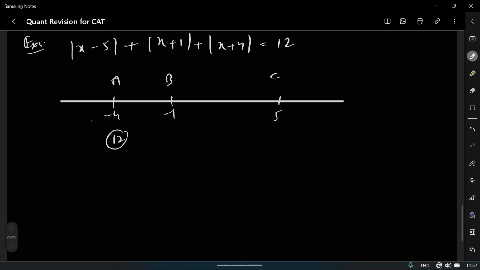And when we put x equals minus 1, we get the value 9. And when we put x equals 5, we get the value 15.